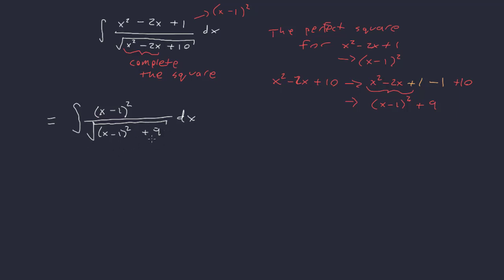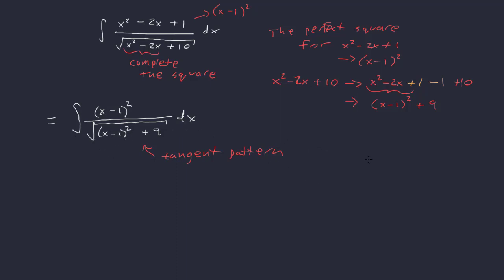Now I see the tan inverse pattern, or not tan inverse, but just the tangent pattern. And you might think, well, hang on, that's an x minus 1. It's not just an x.